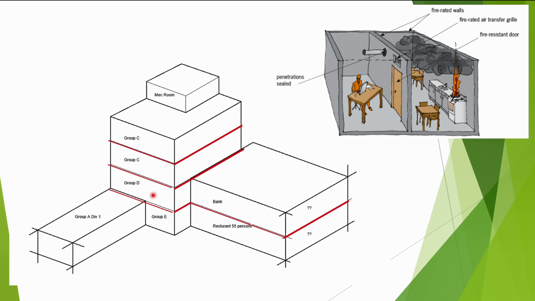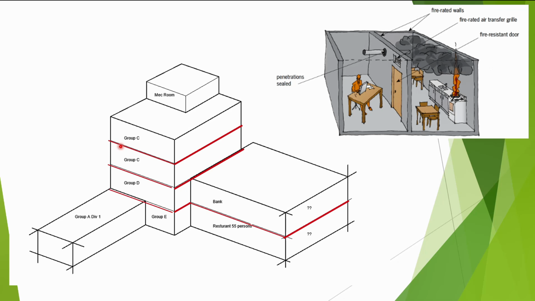A group E and a group D occupancy requires a fire separation rating. Group E and a group A division 1 also requires a fire separation. Group C and group C sometimes does require fire separation, but sometimes it can be ignored based on terms and conditions.